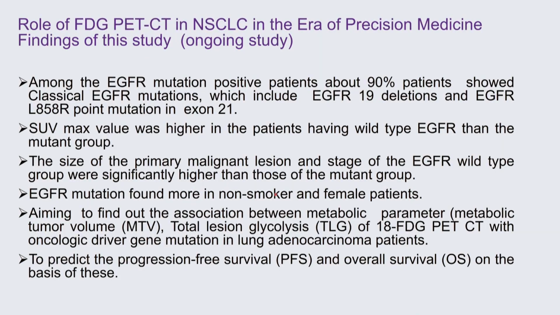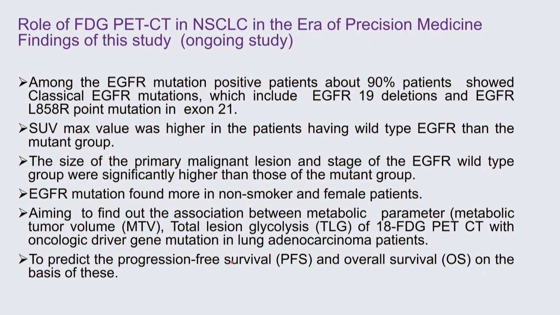Among the EGFR mutation positive patients, about 90% showed classical EGFR mutation. SUVmax value was higher in patients having wild type EGFR than the mutant group. The size of the primary malignant lesion and staging of the patient were higher in EGFR wild type. EGFR mutation was found more in non-smoker and female patients among the Bangladeshi population.